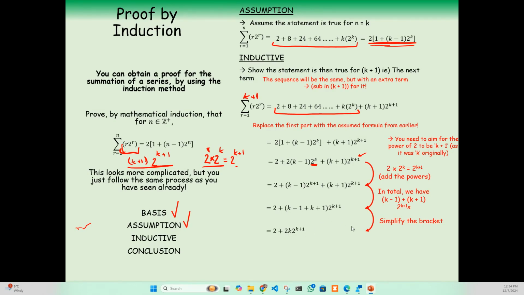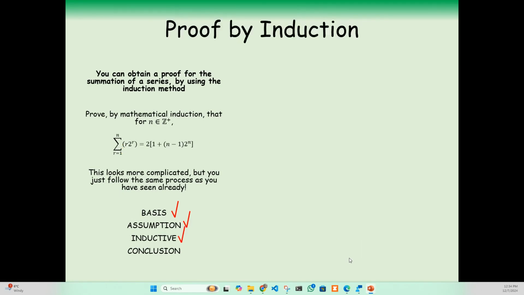So once we factorize a 2 out of this last line here, we end up with this expression here. Although you don't see a 1 and a k minus 1 in this bracket, we do have the 1 at the front of the bracket, but instead of this k, we can write k plus 1 in the conclusion step.